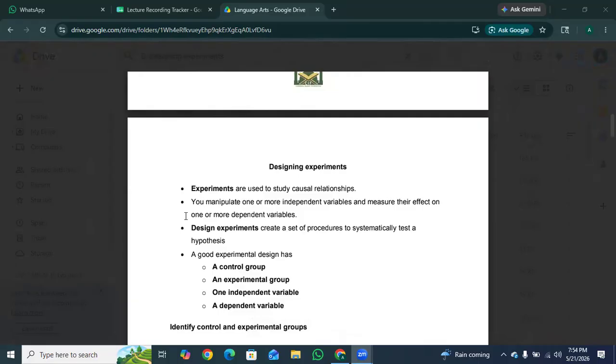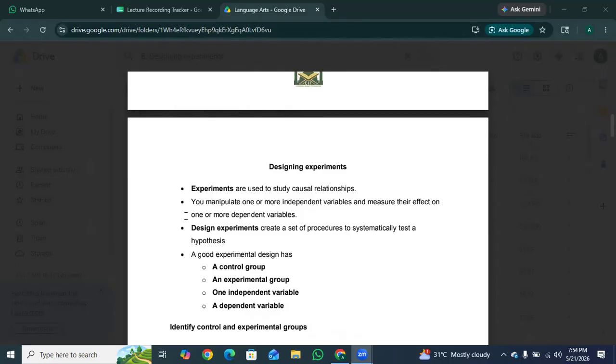So basically, when you run an experiment, you are looking at two main things. The first one is the independent variable and the other one is the dependent variable. The independent variable is the thing you change or control, which you can say is basically the cause.